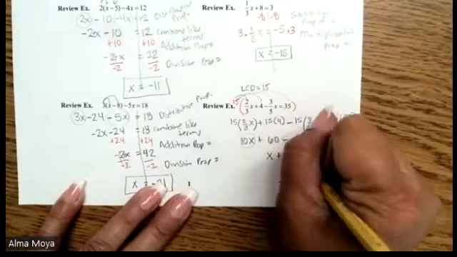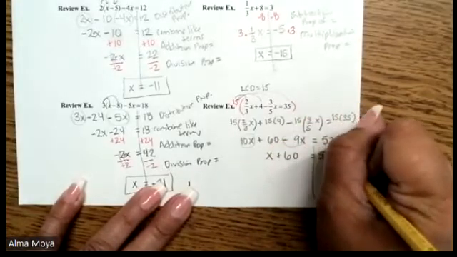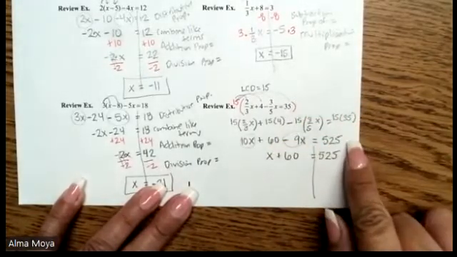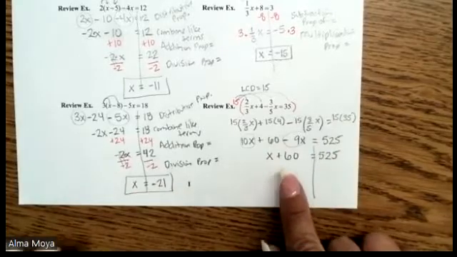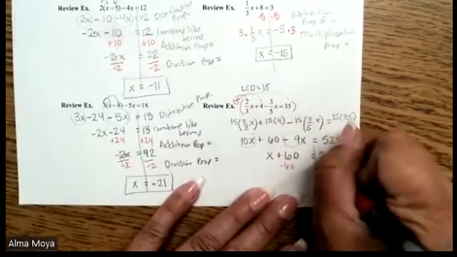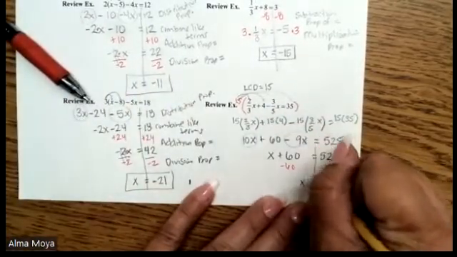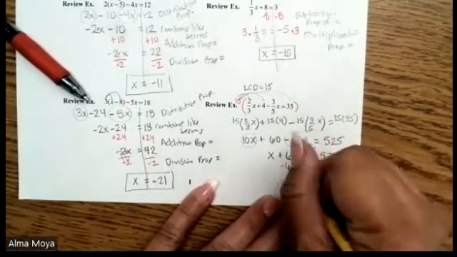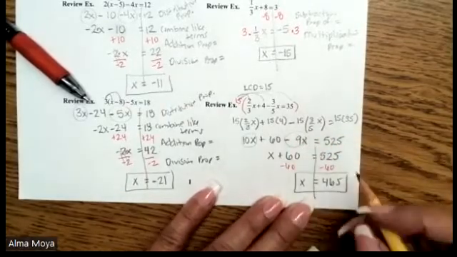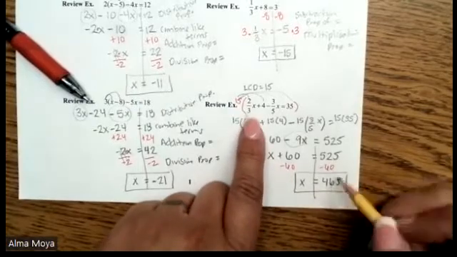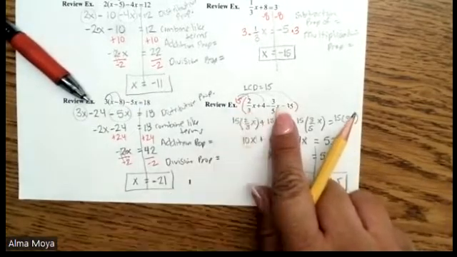Don't forget the plus 60 equals 525. That was combining like terms. Next, I'm going to subtract 60 from both sides. So when I subtract 60 from both sides, x is equal to 465. When you go back and check your answer, make sure you plug in 465 there and 465 there.